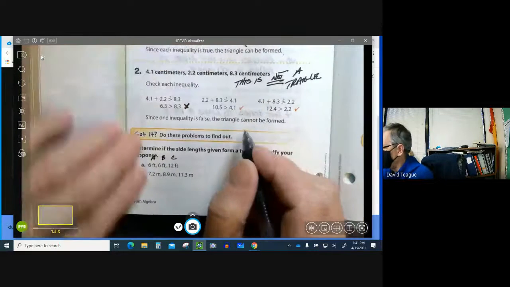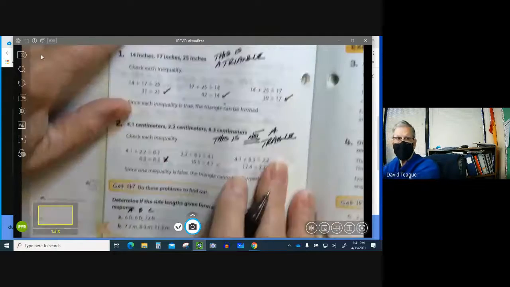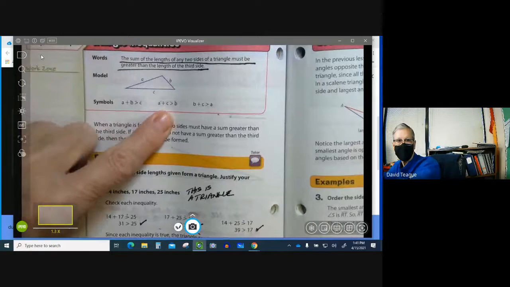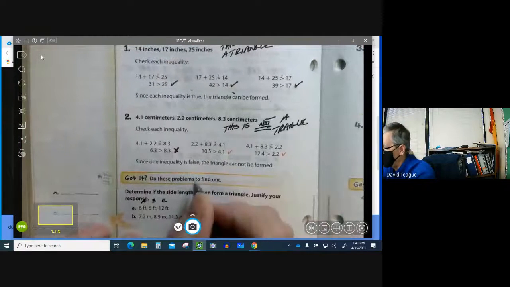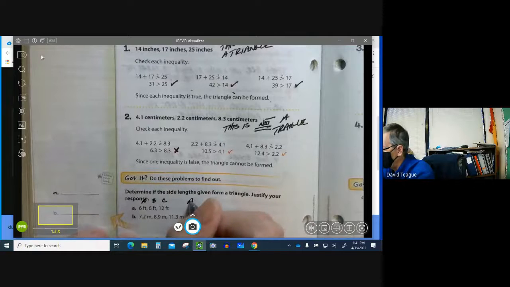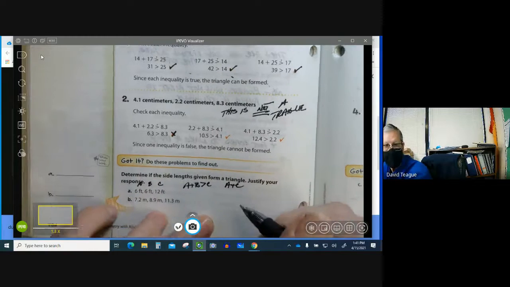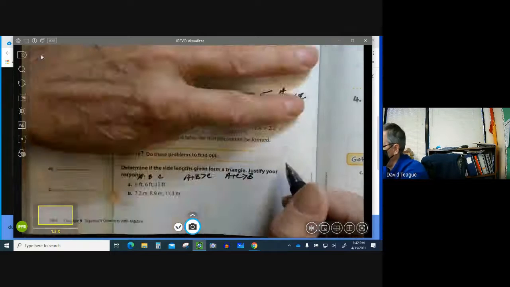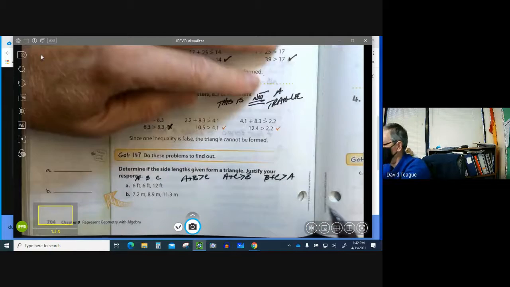The 3 inequalities you have to satisfy are: A plus B is greater than C, A plus C is greater than B, and B plus C is greater than A.